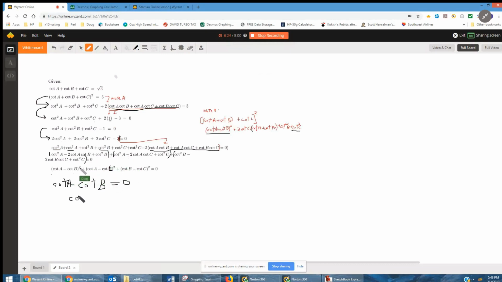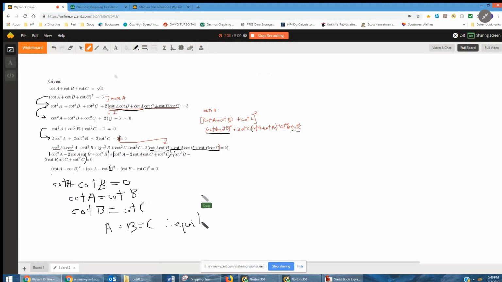And then the cotangent of A must equal the cotangent of B. Similarly, we get the cotangent of B must equal the cotangent of C. And since we're dealing with angles of a triangle, these angles will have to all be equal. So angle A equals angle B equals angle C, and therefore equilateral.